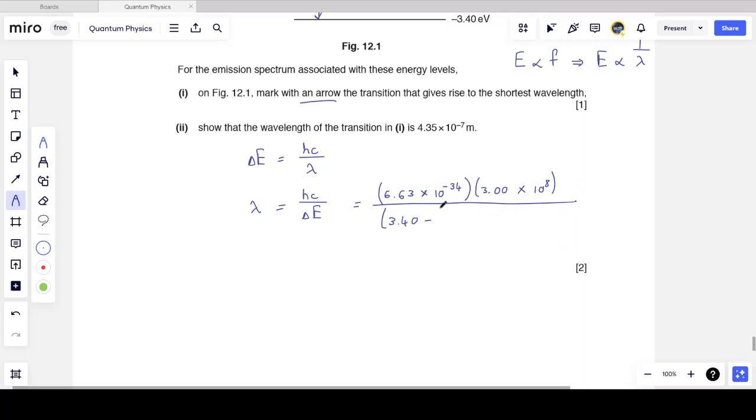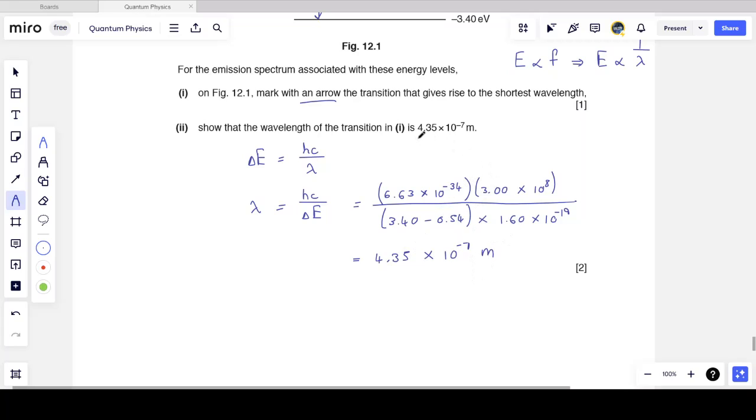So 3.4 minus 0.54, but that's in electron volts, so I need to multiply this by 1.6 times 10 to the minus 19 joules per electron volt. And what I get is, just as the question asks, 4.35 times 10 to the minus 7 meters.